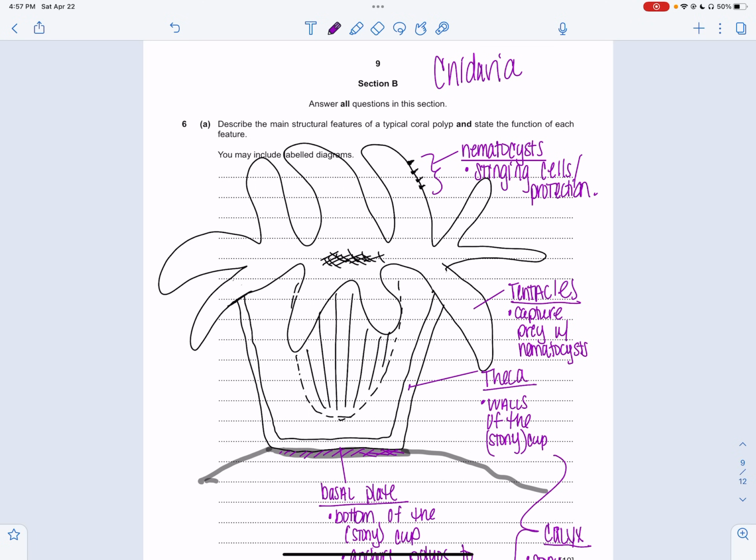Almost done. All right, they got a mouth. This is for ingesting prey, but it's also for waste removal. They have one hole in, and that same hole is for out.